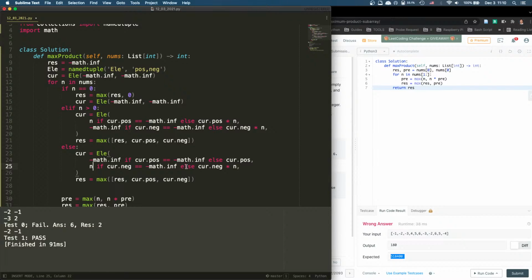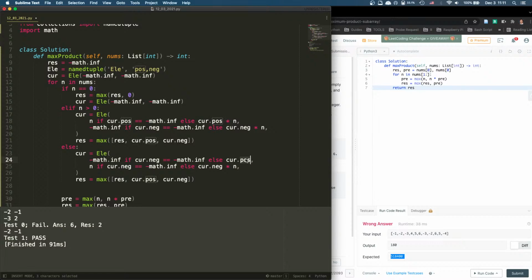oh, hold on. That's actually not right. So the first one is positive, right? So the positive is if the negative is none. If negative is none, then the positive will be nothing because the previous value is negative, does not exist. And I am negative, so there's no way I can create a positive, so it's nothing.